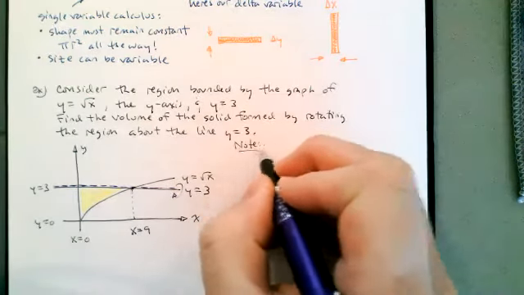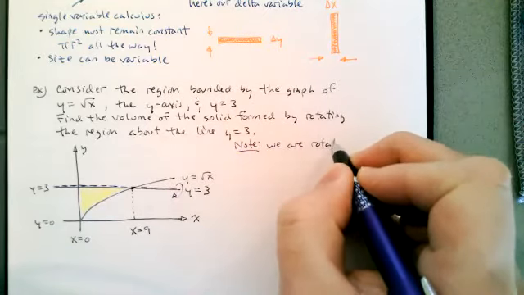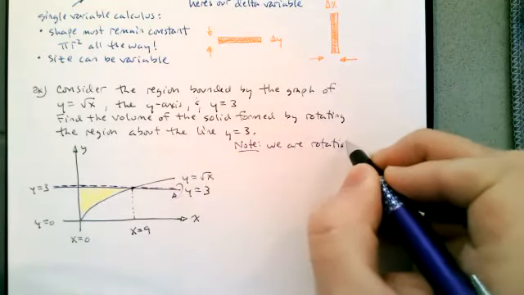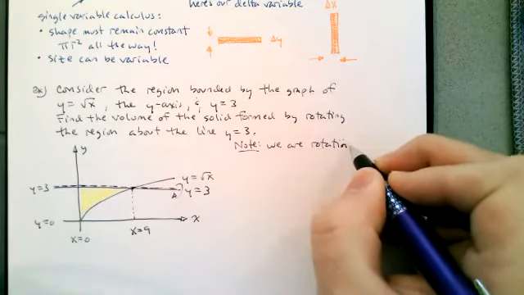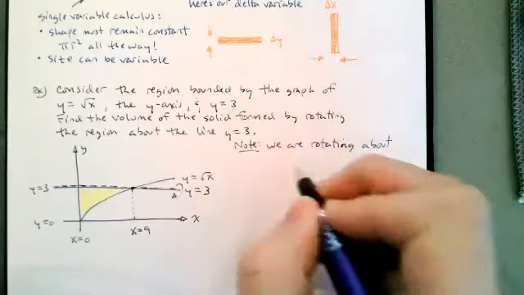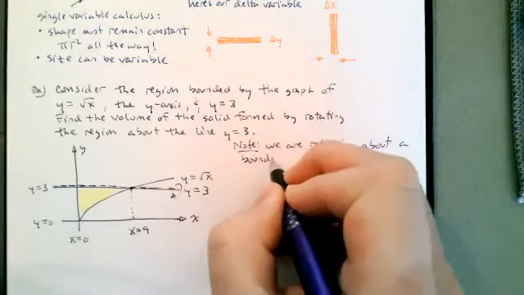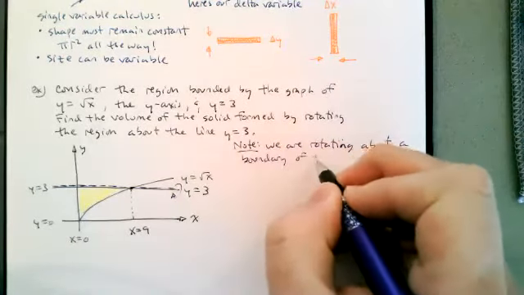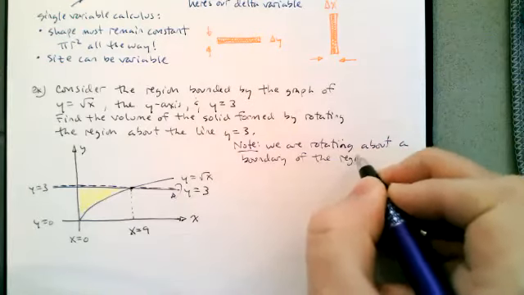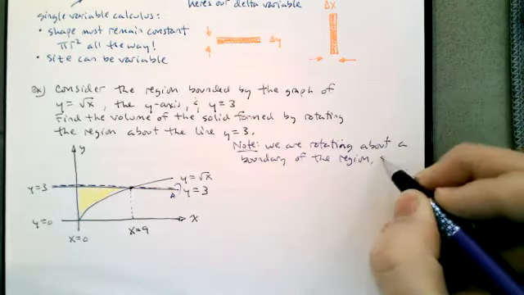Note, we are rotating about a boundary of the region, so our solid will not have a cylindrical hole in it.